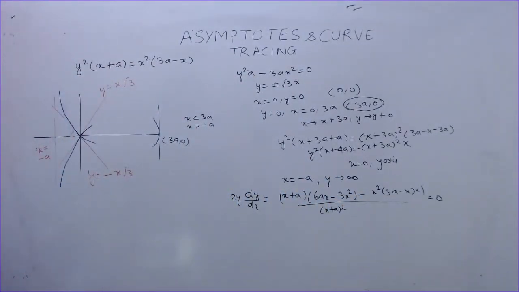So you will find the point where dy by dx is equal to 0. You will get x equal to a root 3.